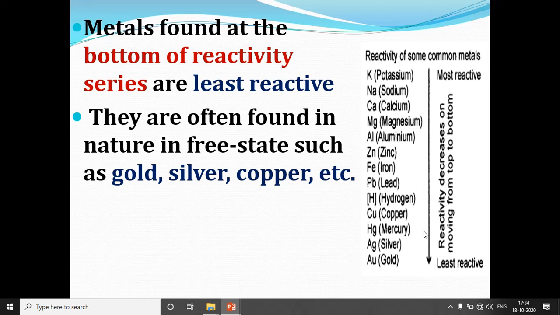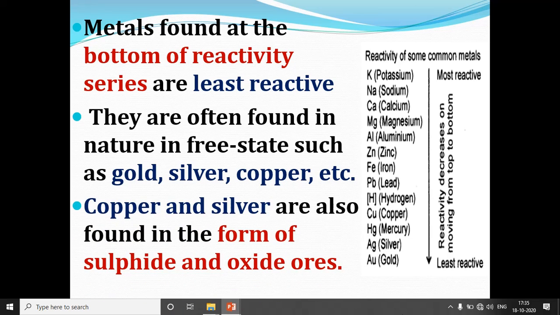They are found in nature in free state. Examples of less reactive metals are copper, gold, silver, mercury, etc. These are available in the free state.